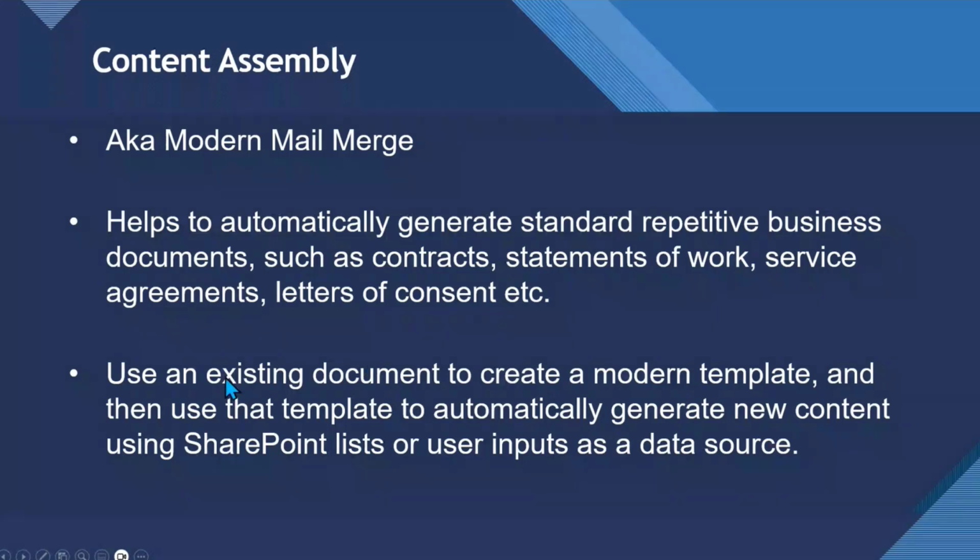So to set up a content assembly template, you can use an existing document. If you've already got a letter that you often send out to people, you could create a modern template from that, and mark placeholders where, like, the name is the first line of the address, for example, and generate different letters. You can link the placeholders to a SharePoint list.